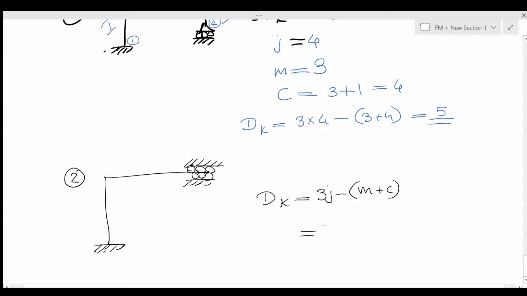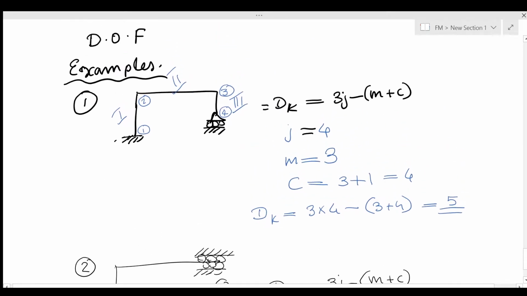And j is 3. So 3 into 3 minus number of members, which is 2. And constraint is for fixed support 3 constraints and for sliding support 2 constraints. So total number of constraints is 5. So 9 minus 7 is 2. 2 is the degree of freedom or kinematic indeterminacy. So this is the example for a free frame.